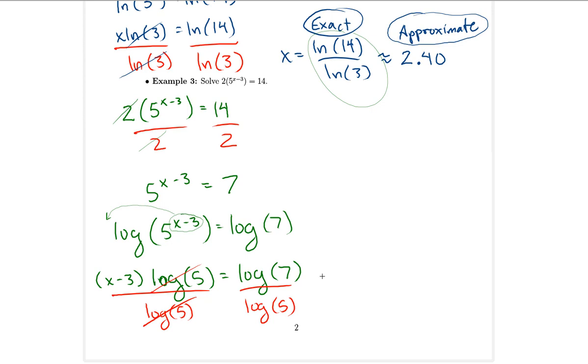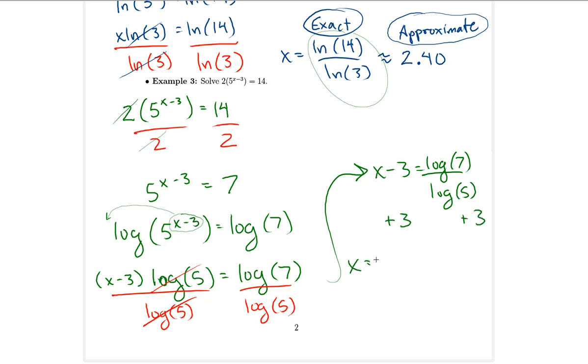And so I'm left with x minus 3 equals the log of 7 over the log of 5. And then the only thing left is to add 3. So log of 7 over the log of 5 plus 3. And if I put that in the calculator, it should spit out about 4.21.